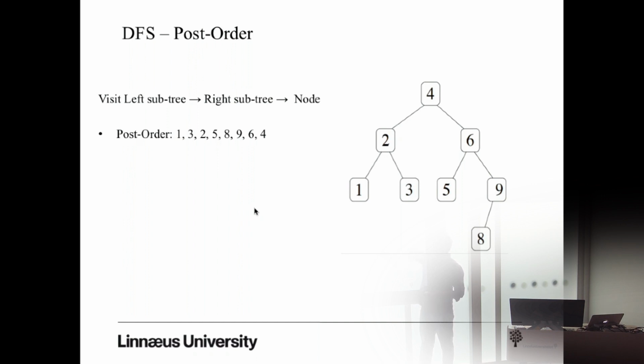The same goes over here. We cannot print its value because its right side is still left to be visited. So we go from the 4 to 6, and from 6 to 5, and we print 5, but we don't print 9 because 9 has an 8 part over there, and then we go back.